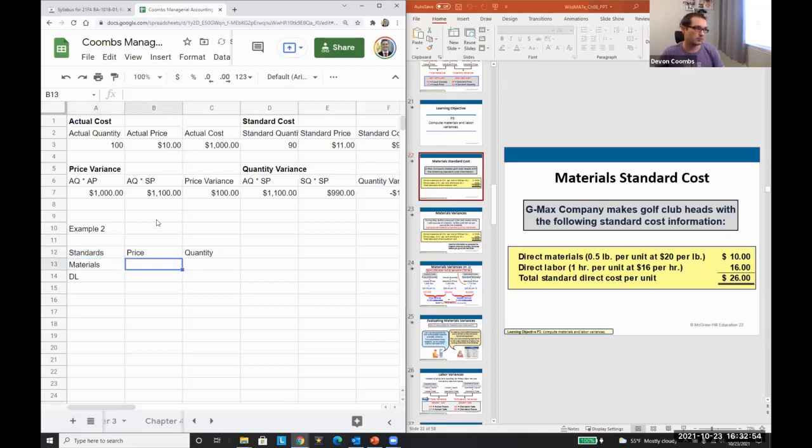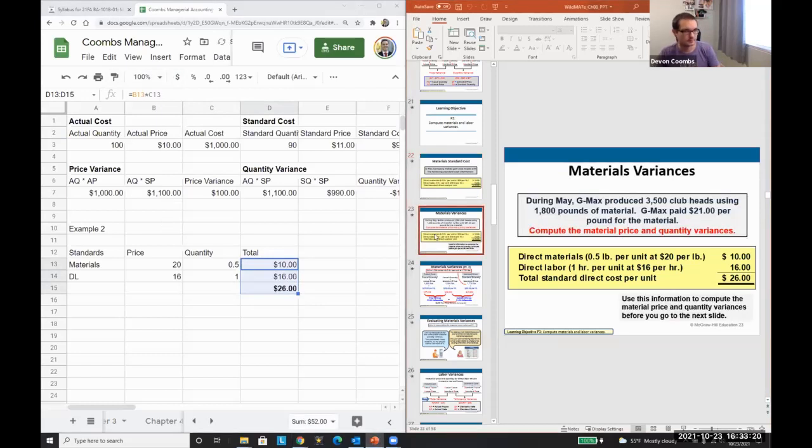Our materials price is $20 per pound. Direct labor price is $16 per hour. Quantity is 0.5 pounds. Hours is 1 hour. The total cost is here, $26. This information will all be given to you on your homework and quizzes.